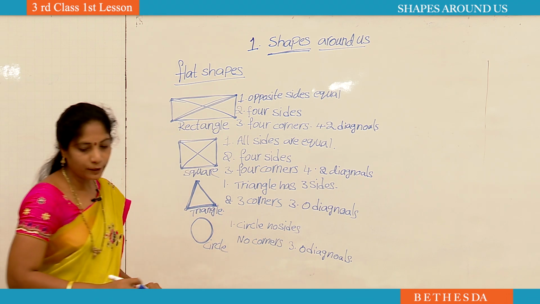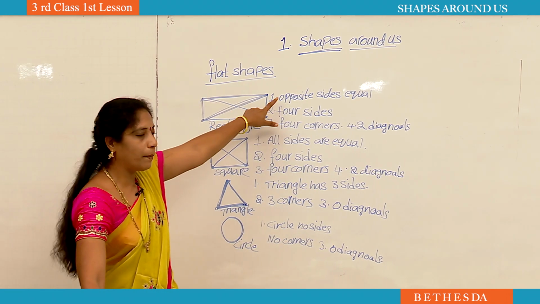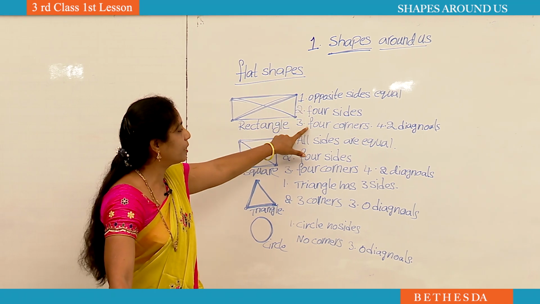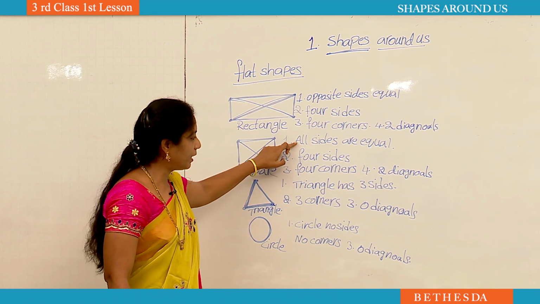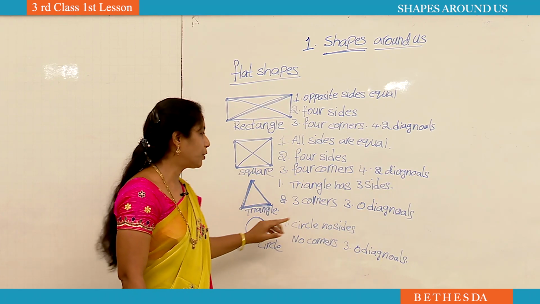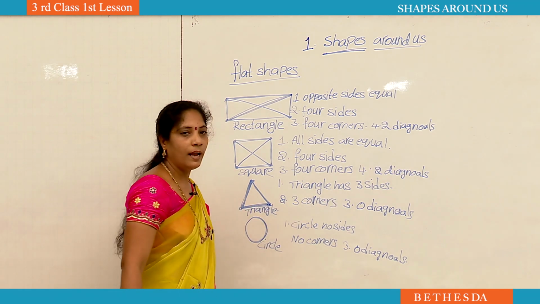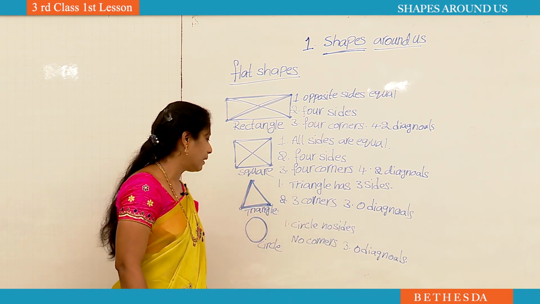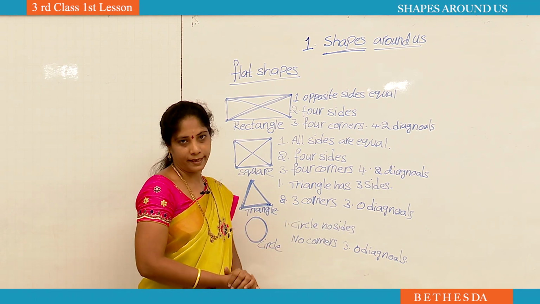Okay, now did you get clarity about flat shapes? Rectangle: opposite sides are equal, 4 sides, 4 corners and 2 diagonals. In a square, all sides are equal, it has 4 sides, 4 corners and 2 diagonals. Triangle has 3 sides, 3 corners and 0 diagonals, and circle has no sides, no corners, no diagonals.